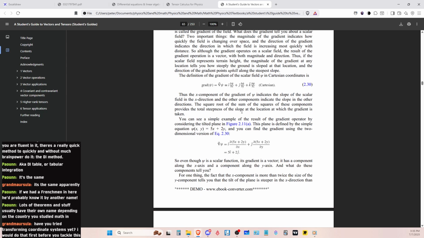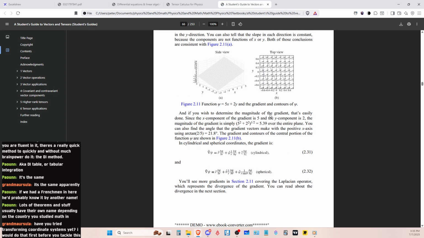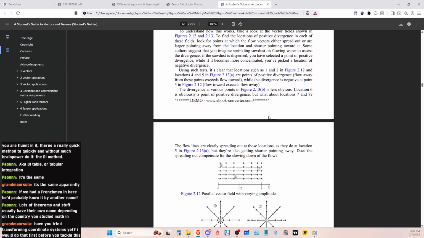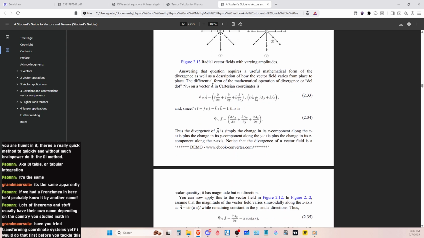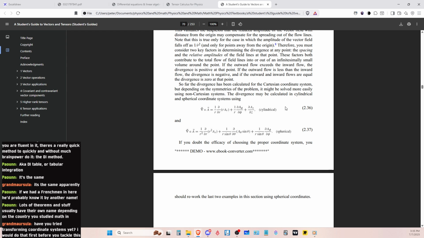The gradient is a vector, because you're basically just partially differentiating. The divergence is like the dot product, and I know curl is sort of like the cross product.